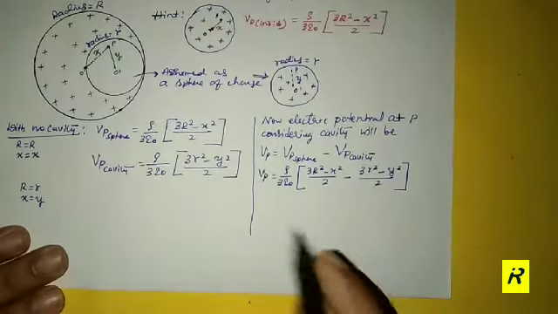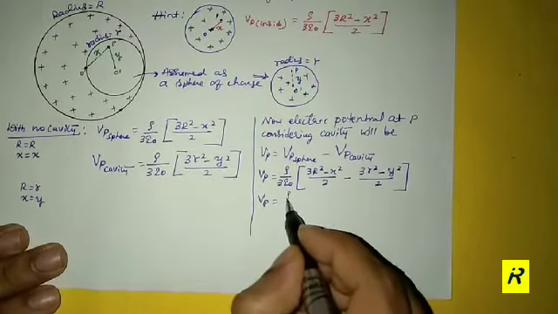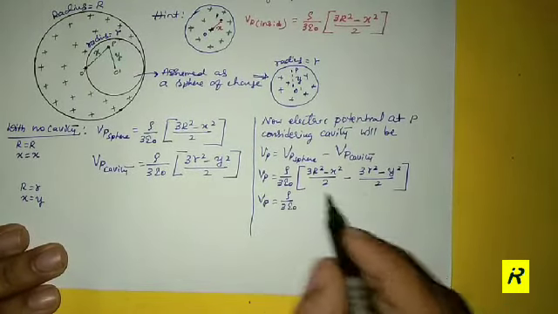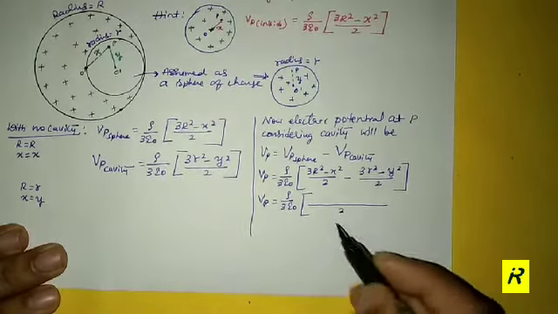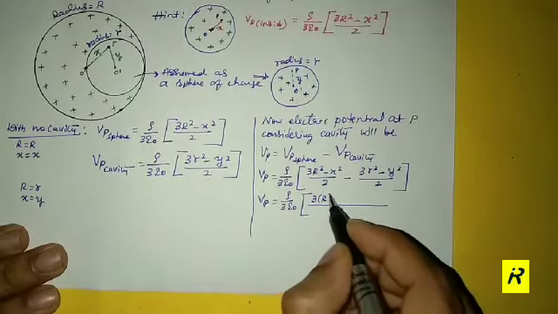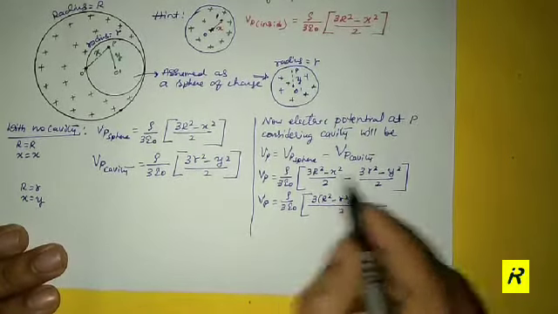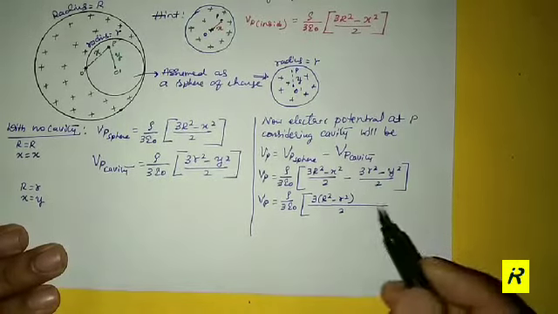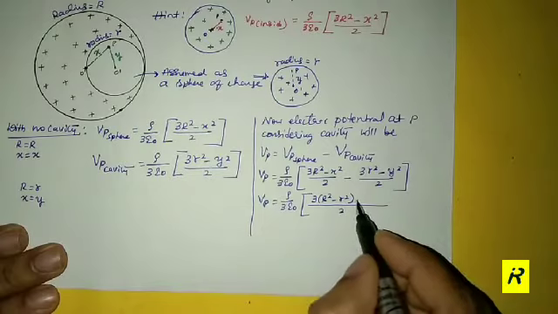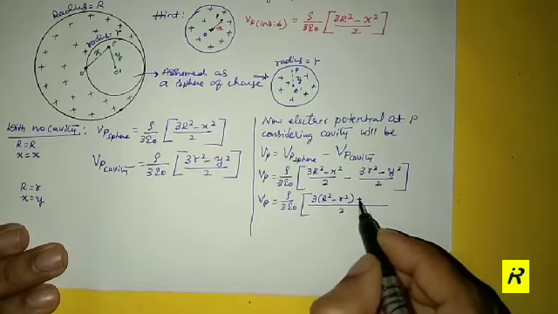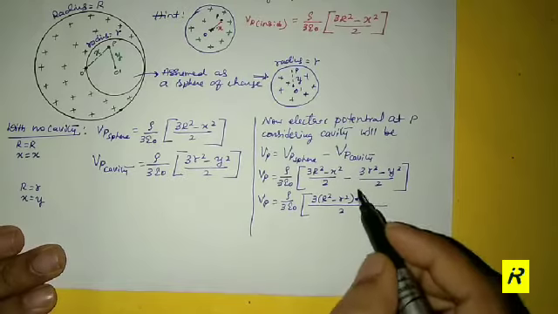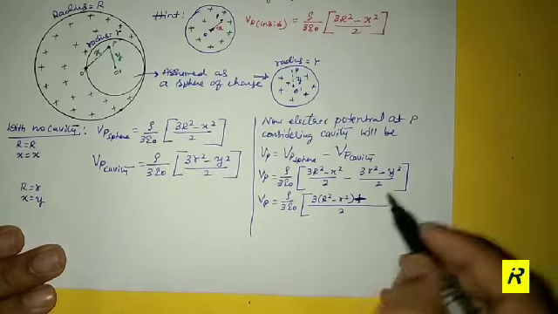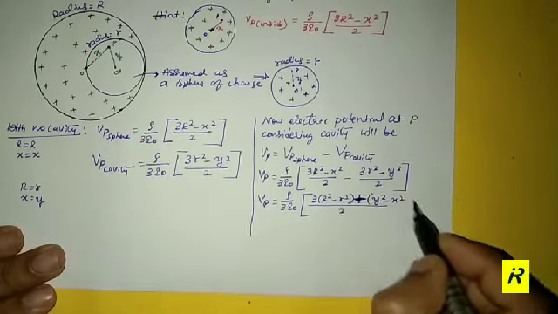Doing further steps, Vp equals rho divided by 3 epsilon O times, inside, 3 outside with R square minus r square, and this becomes plus y square minus x square.